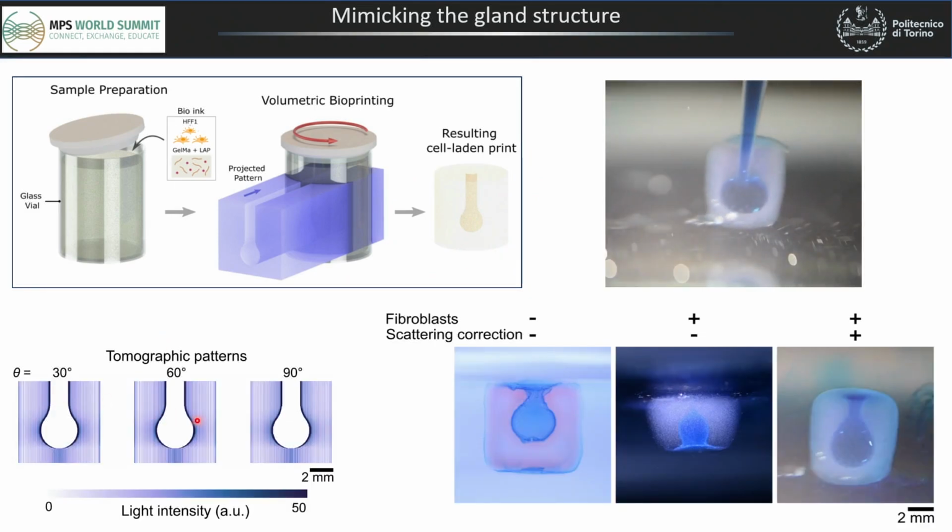In particular, a set of tomographic light patterns was projected to the vial, and the light scattering effect caused by the presence of cells inside the gel provoked a loss of resolution, resulting in an incomplete acinus. However, by performing a numerical correction of the light dose, we obtained improvements in shape fidelity and resolution of the printed structures.